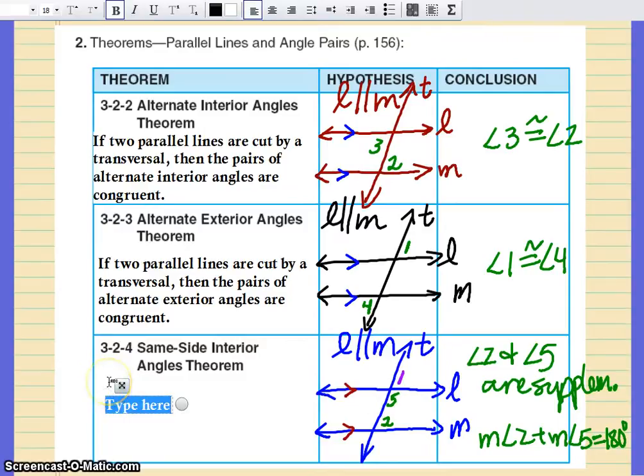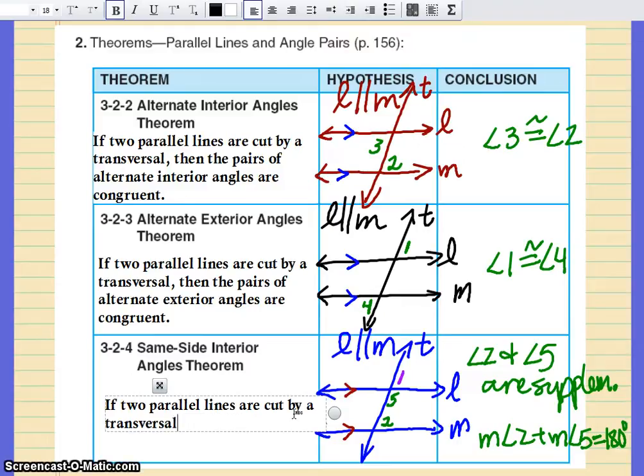So, if two parallel lines are cut by a transversal, then the pairs of same side interior angles are supplementary.